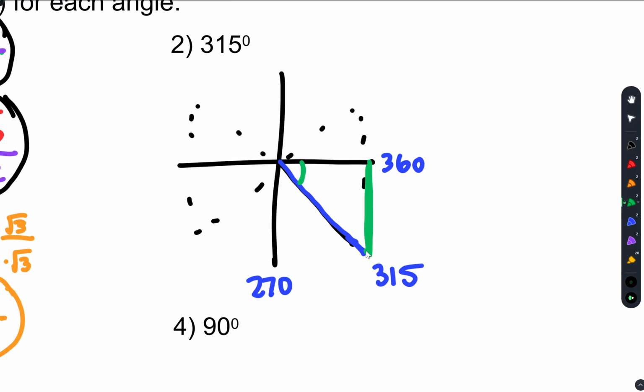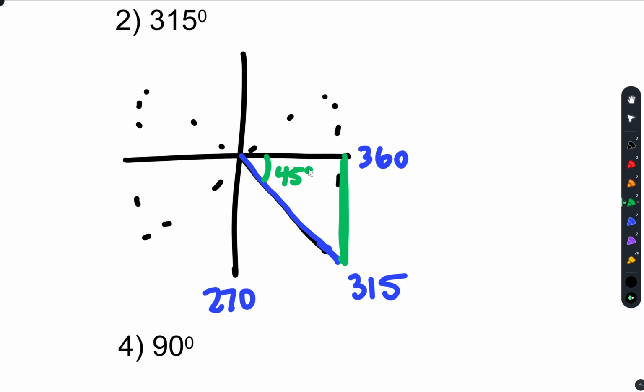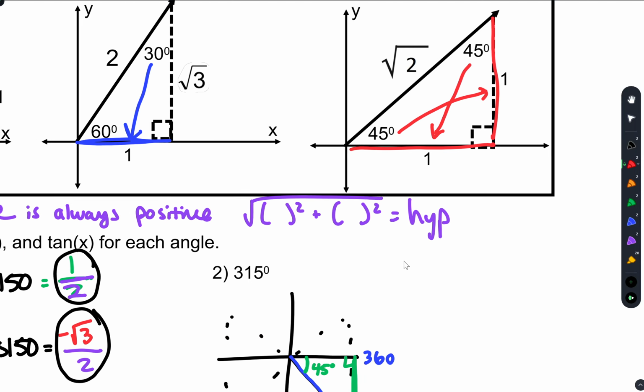Okay, what's the measurement of that angle right there? What's my reference angle? 45. The distance between 360 and 315 is 45 degrees. So that means here's my right angle, and here's my other 45-degree angle, and we're going to fill them in. Look at my reference up here.